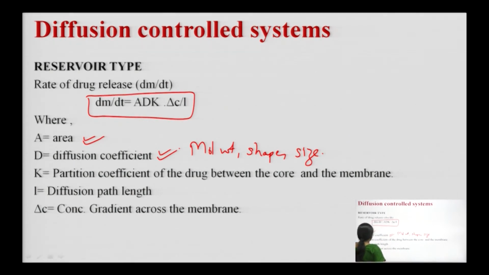Then next is the parameter L, which is the path length for diffusion. Basically, longer the path length, slower will be the rate of diffusion. Delta C represents the concentration gradient across the membrane available for diffusion of drug.